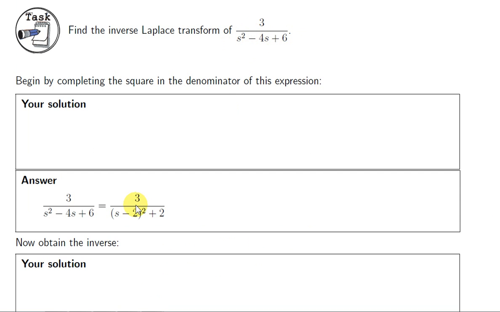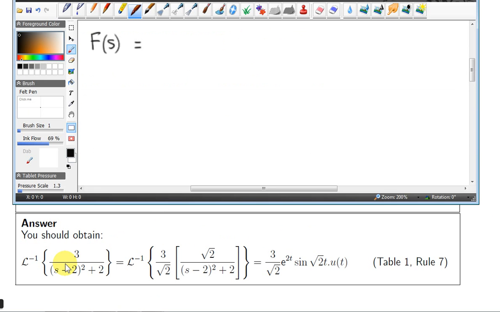So that approach won't work. So we will have to complete the square of the denominator, and we will end up using the first shift theorem, where s has been replaced with s minus 2 in this case. So half the coefficient of minus 4 is minus 2. If we square this out, we get s² − 4s + 4, and we have to add on 2 to get the +6.